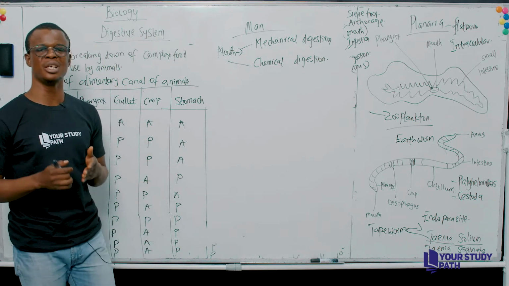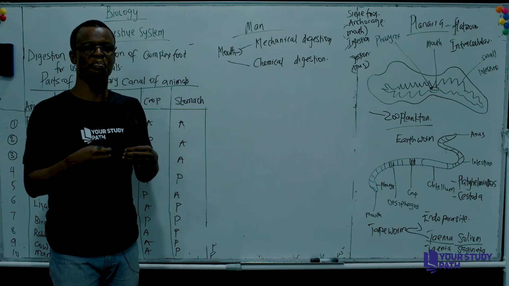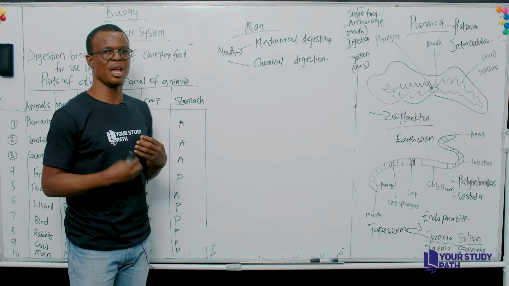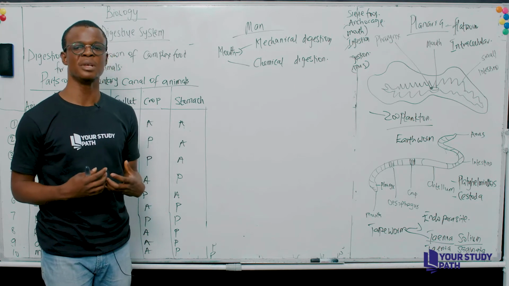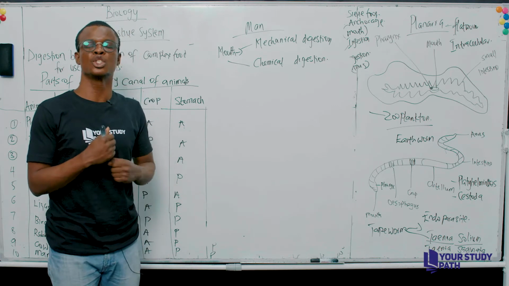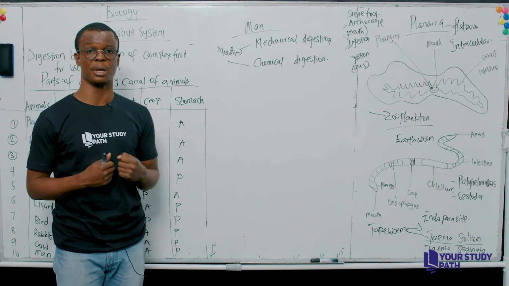Mechanical digestion deals with the breaking down of food involving a physical action, a mechanical action. That simply means it involves using the teeth to grind the food into smaller bits. That is what mechanical digestion is all about.